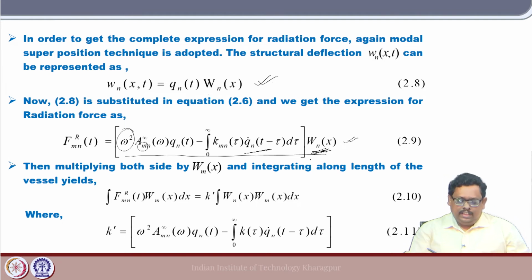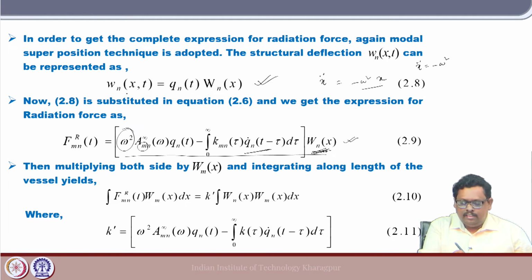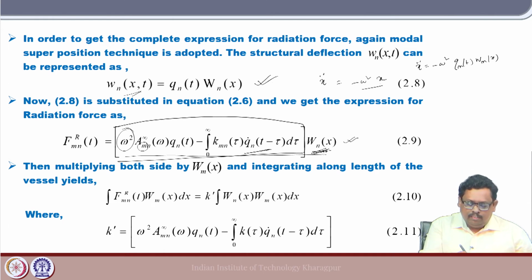Okay. Now, here again I am using x double dot equal to minus omega square into x. So, x is nothing but my q_n(t) into w_n(x). So, this w_n(x) will come out, and this part is entirely depending on t, right.